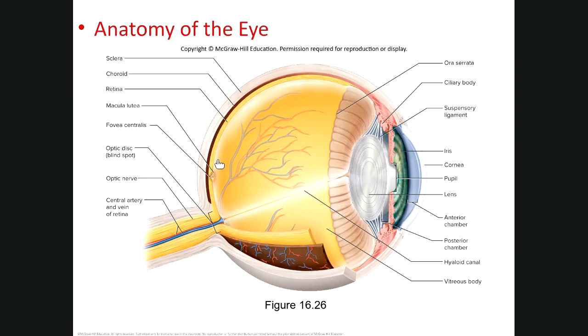Okay, here's another condition. Like we said, the line of sight will end up right in the middle and then focus at the fovea centralis or the macula lutea. Now, this constant focusing can do some wear and tear on that surface.